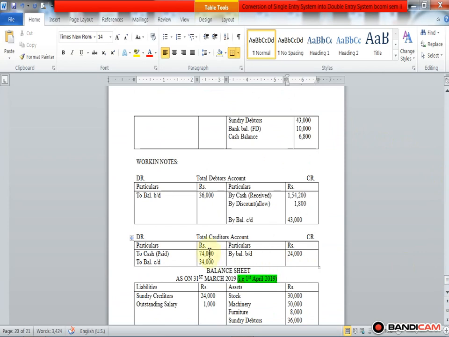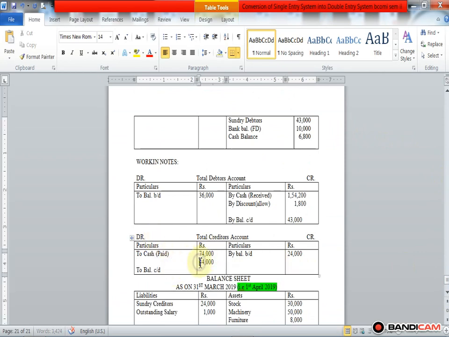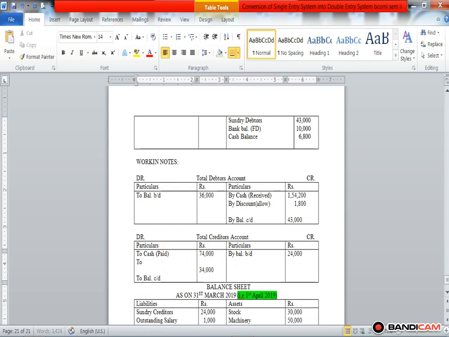On the debit side of creditors account, here, to discount received amounted to rupees 1,000. Okay, 1,000 discount is received from creditors.